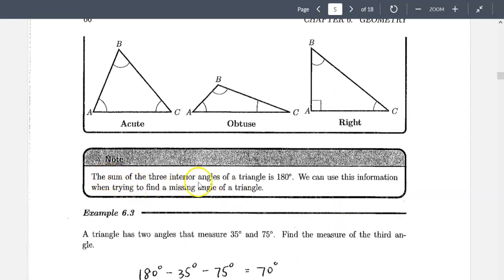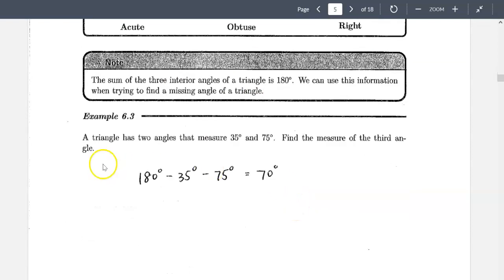For any triangle, the sum of the three interior angles adds up to 180 degrees. So if a triangle has two angles that are 35 and 75, how do we find the third one? We know altogether it has to be 180 degrees, so we take 180 minus 35 minus 75, which equals 70 degrees.